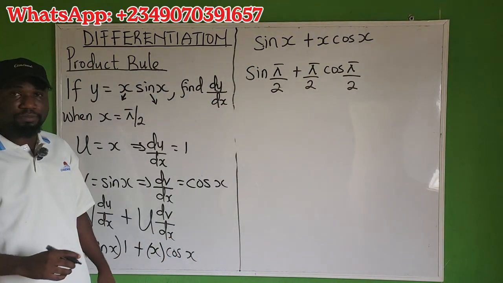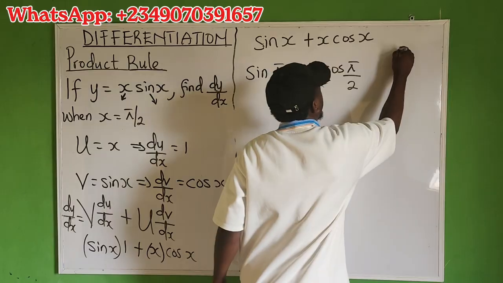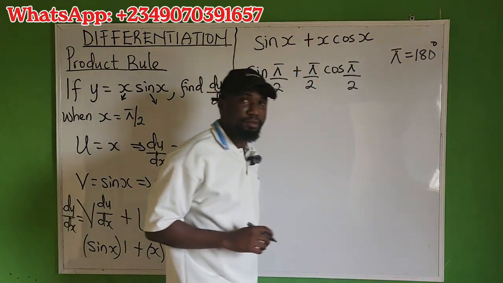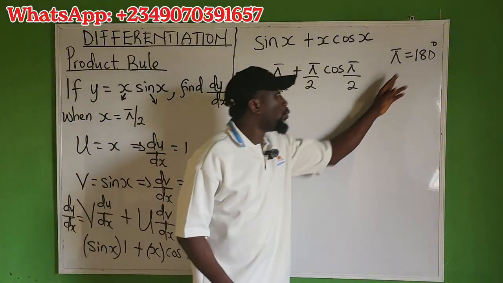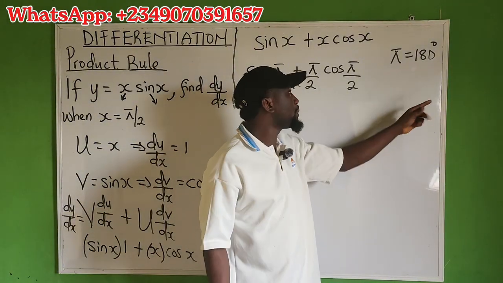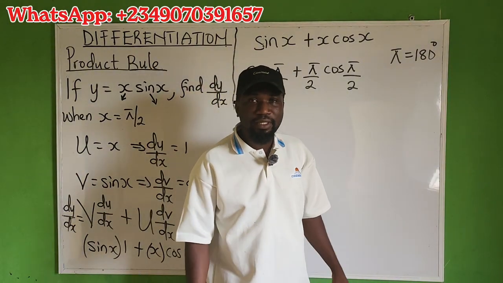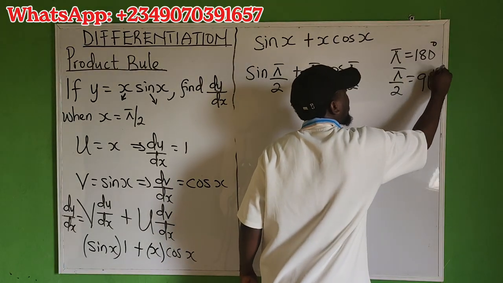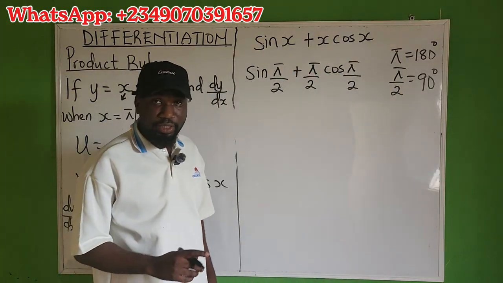Alright, please note this, that pi is 180 degrees. Pi is what? 180 degrees. So if pi is equal to 180 degrees, that means pi over 2 is 90 degrees. Do you get it?